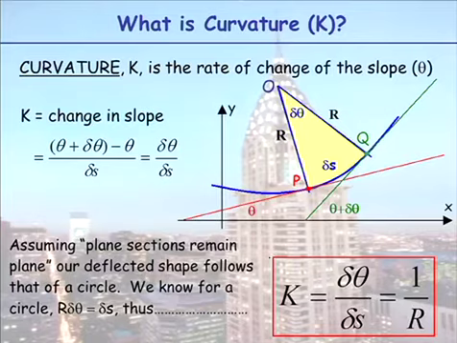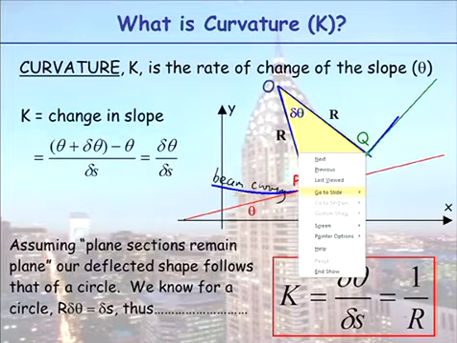Here I'm saying it's 1 on r. If curvature is the rate of change of the slope, this blue line represents the beam curving. If I fit the red line and the green line to it, they tell me the different slopes at particular points in the beam.